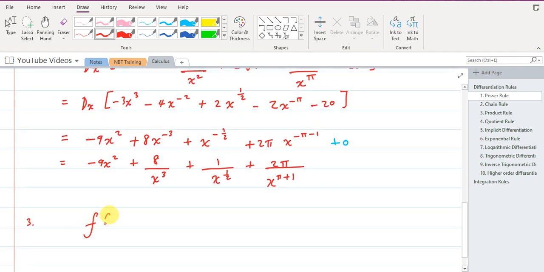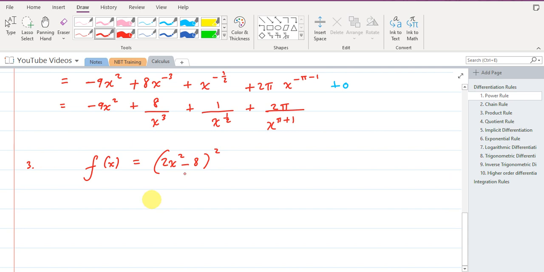Number 3, I have f of x is equal to 2x squared minus 8, all squared. Right, so if I want to apply the power rule here, we can just open this up. So we're going to say f of x is equal to 4x to the power 4. We are squaring a binomial, so you square the first term, you square the last term, you get plus 64, and the product of these two times 2.